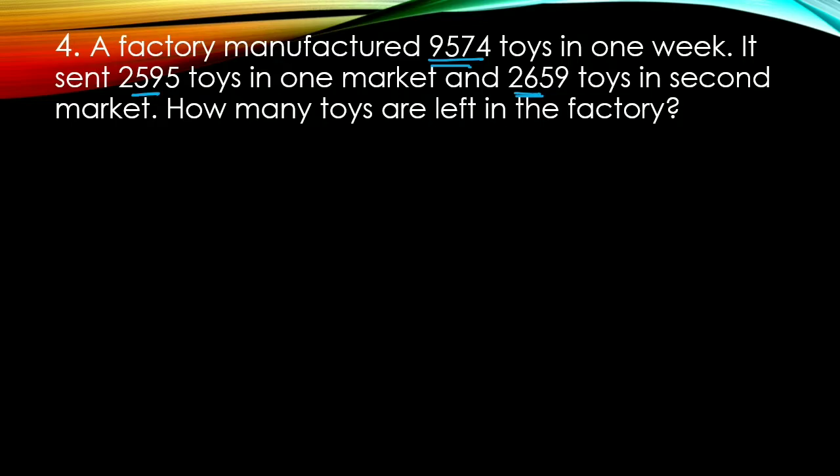So firstly we have to find out how many toys were sent in both the markets. Then to find the number of toys left in the factory, we will subtract that sum from the total number of toys manufactured.